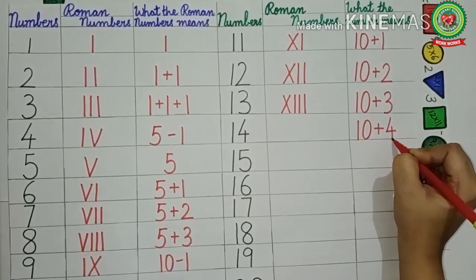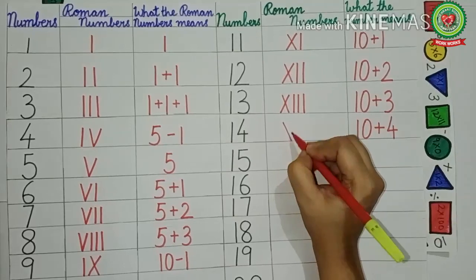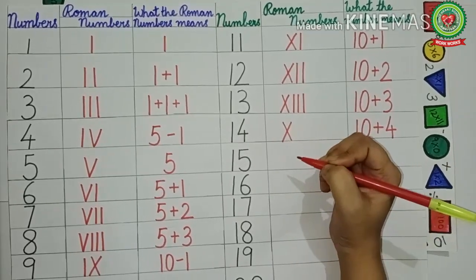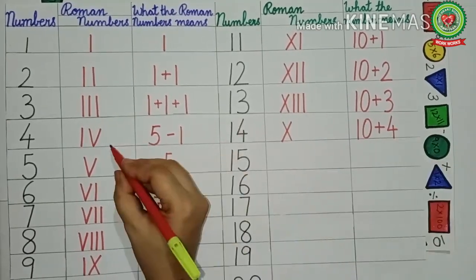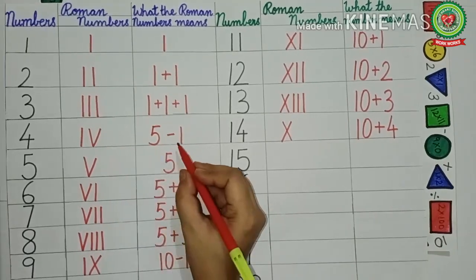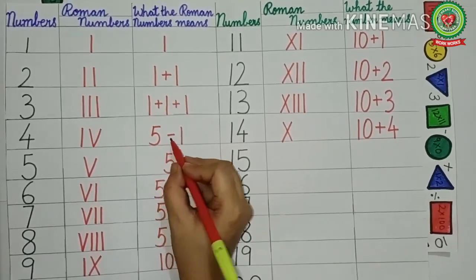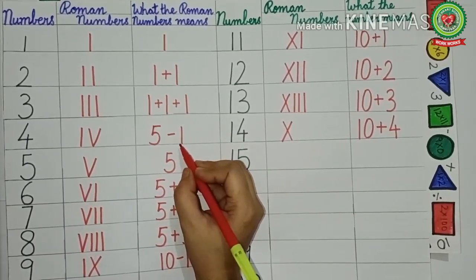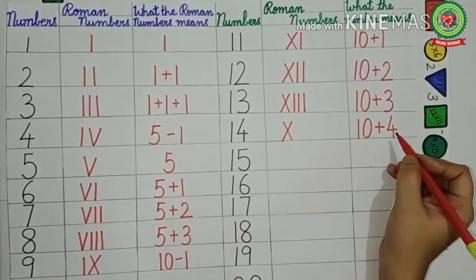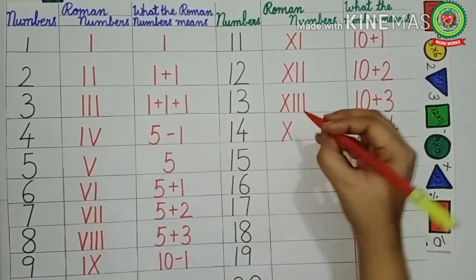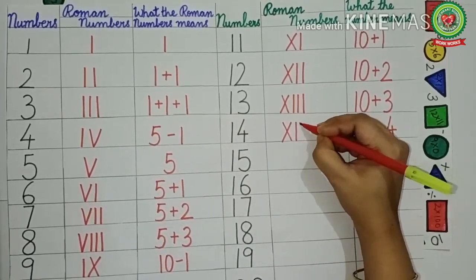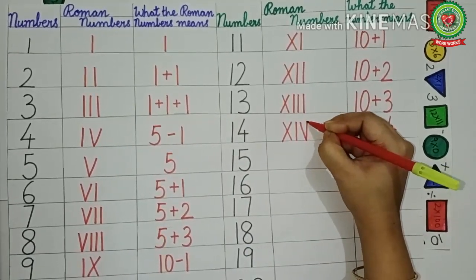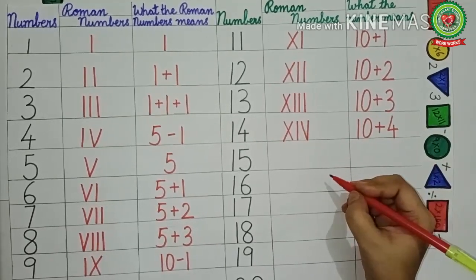Now how do we write 10? That is X. Now 4 means, remember I have told you over here, 4 means 5 minus 1. How much is 5 minus 1? That is 4. So how do we write 4? I V.